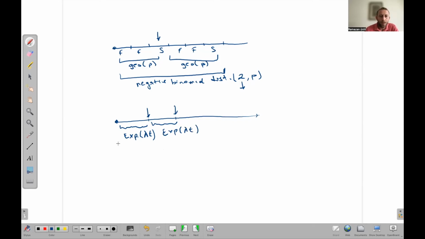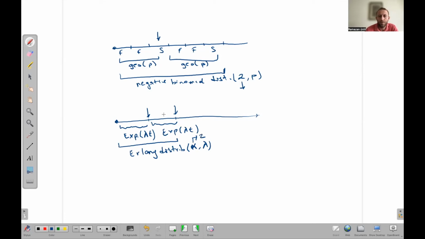And if we consider the Q success, which has the Erlang distribution with the alpha and the lambda, and in this case, the alpha is the number of successes, which is 2.